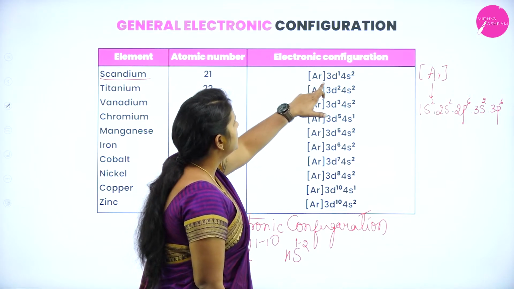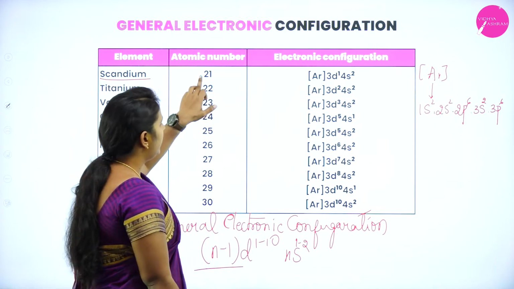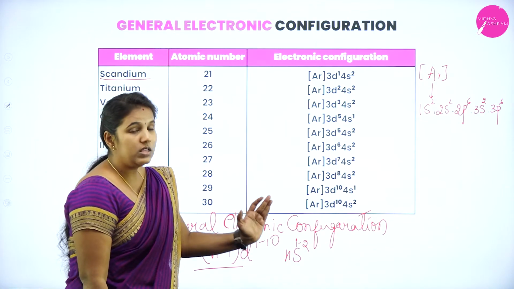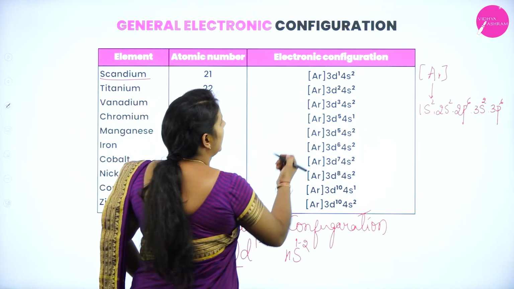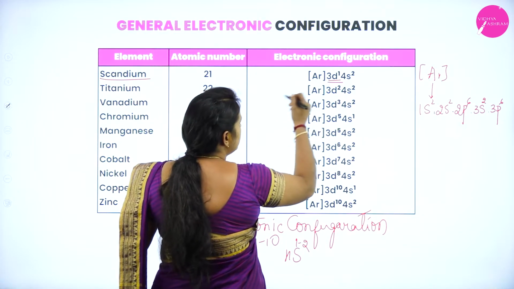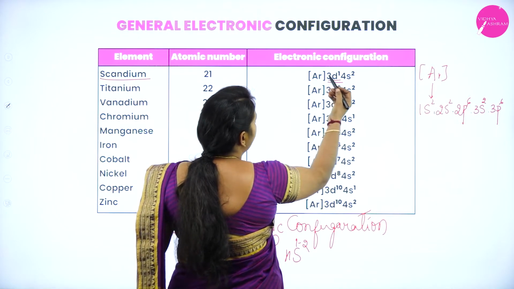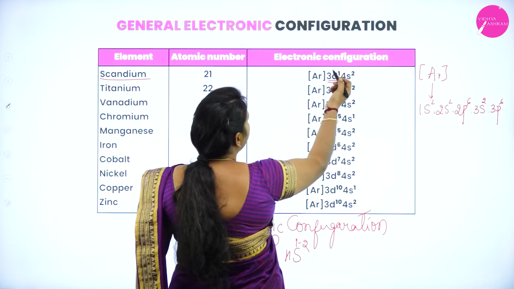So argon 3d1 4s2, where you can see that the electron is occupying the penultimate shell. After 3p, we have filled the electrons to the 4s, then to the 3d.